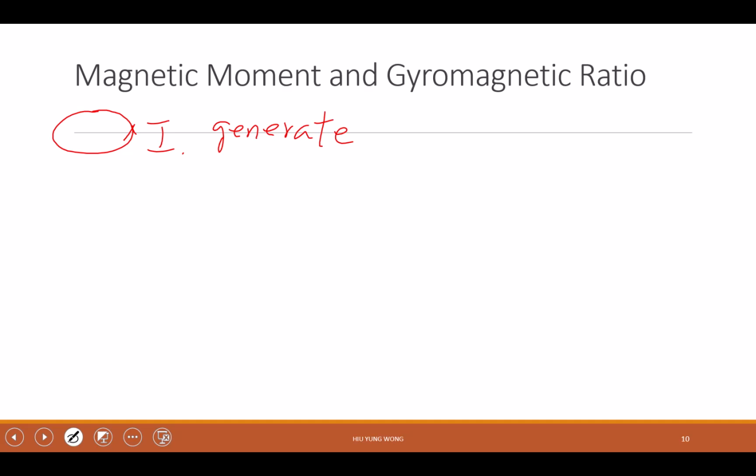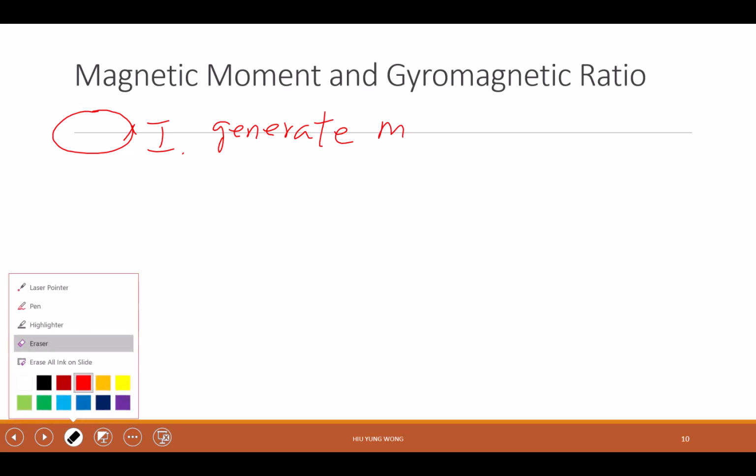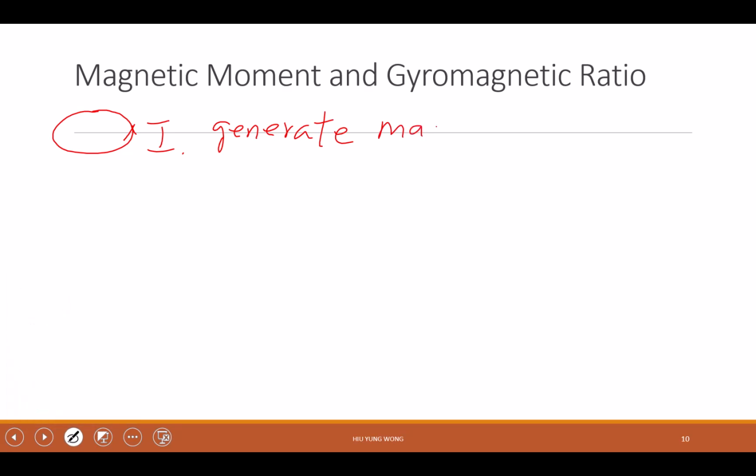What is magnetic moment? Not important for this class. Just take it for granted, otherwise you need to go to electromagnetic theory. But why the magnetic moment is important is because it's going to interact with the magnetic field to create the Hamiltonian. Anyway, if you have a current going through a loop, you will generate the so-called magnetic moment, mu.